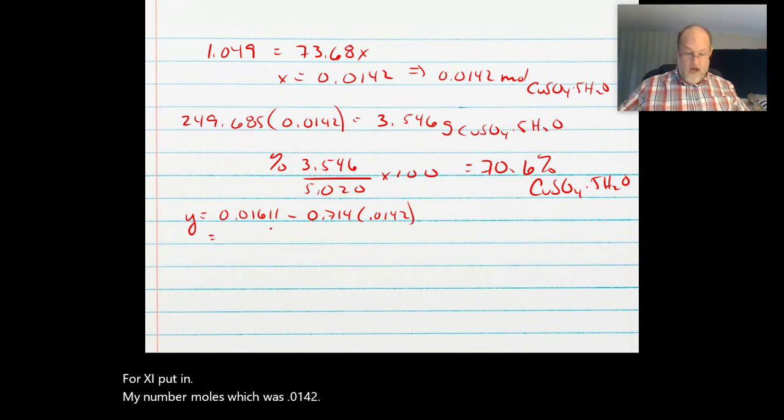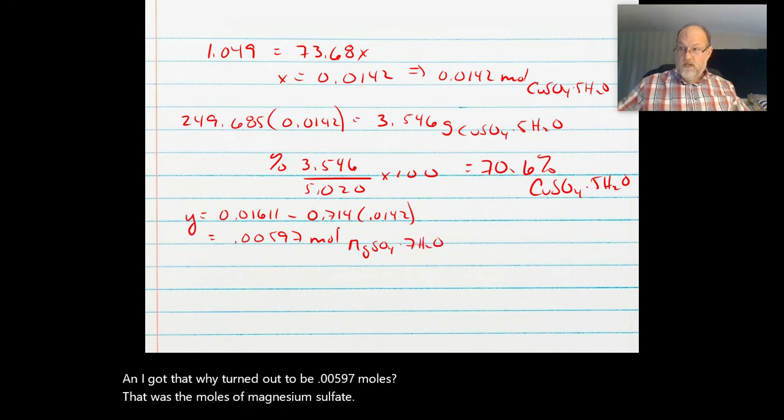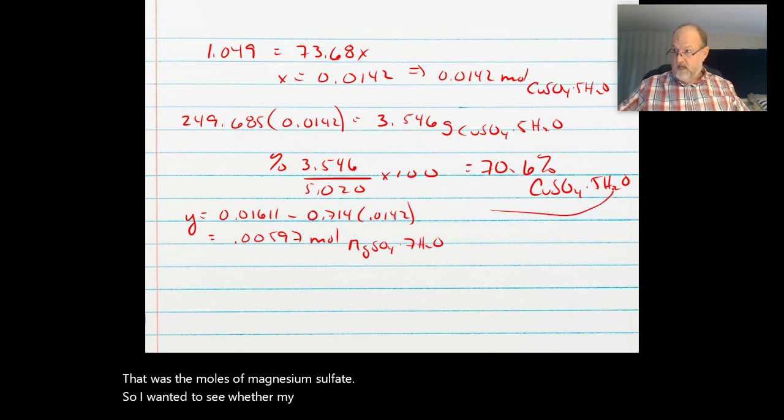And I got that y turned out to be 0.00597 moles. That was the moles of magnesium sulfate. So I wanted to see whether my math worked. I'm just checking my work now.